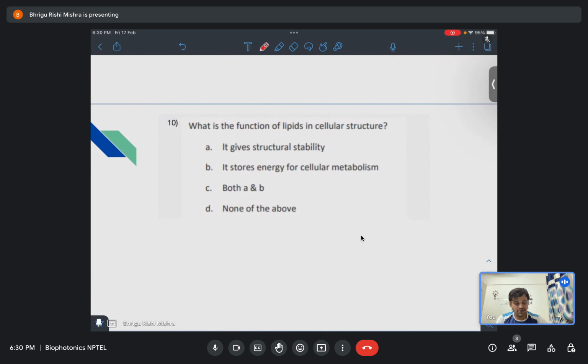The last question is, what is the function of lipids in cellular structure? So, what are lipids?